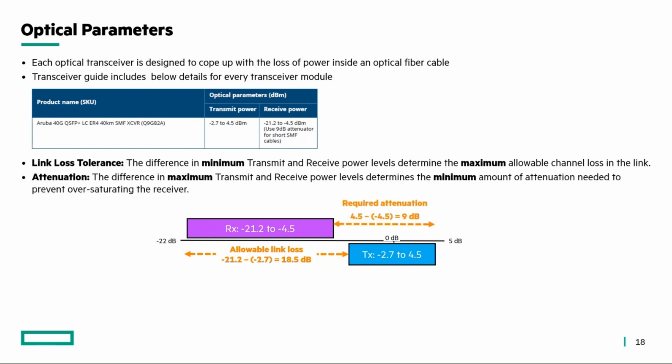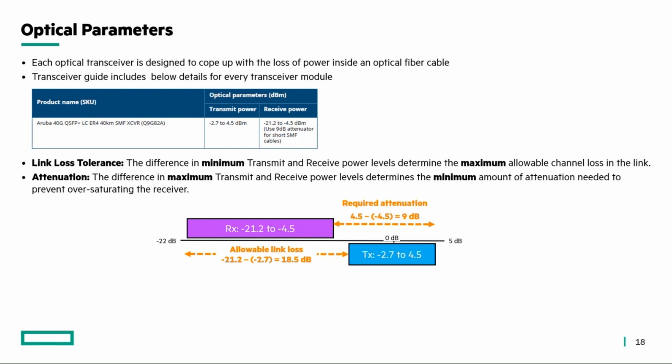The next is attenuation. So what does attenuation actually tell you? When you are transferring data through a fiber optic cable, your light will attenuate its power as it moves through that fiber optic cable. Now think of a case when you transmit light from your transmitting end, and when it reaches the other end, it crosses the threshold of the maximum receive sensitivity.